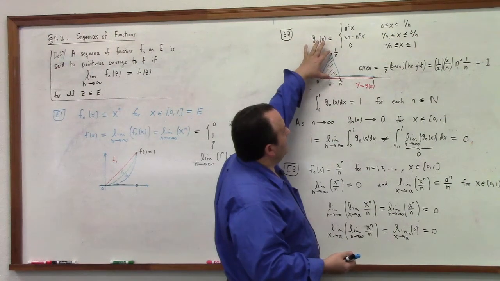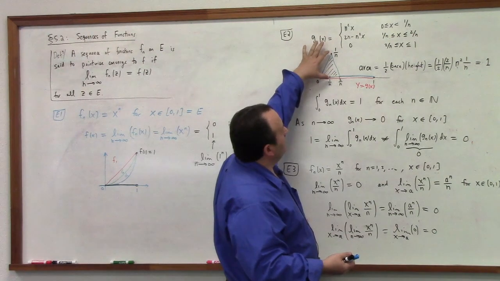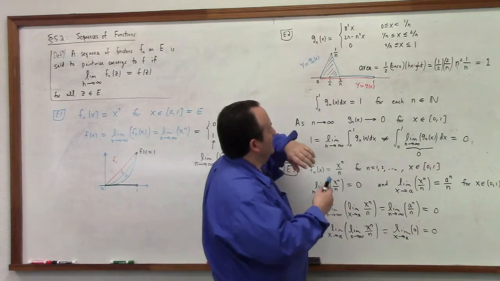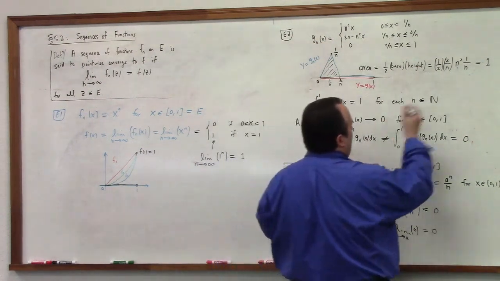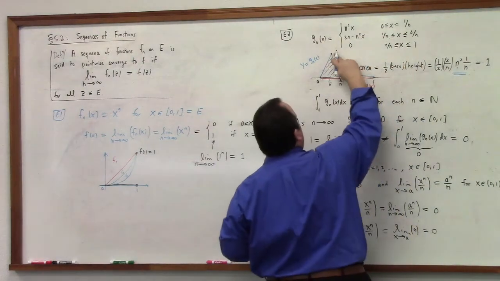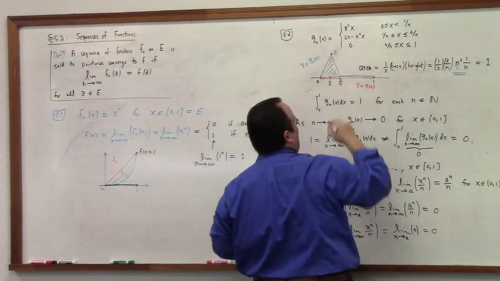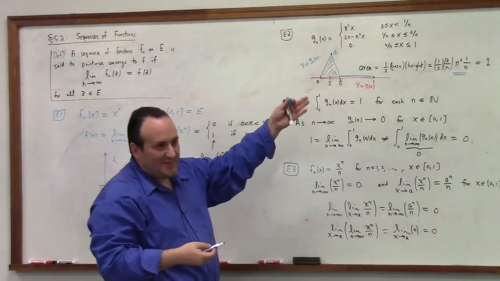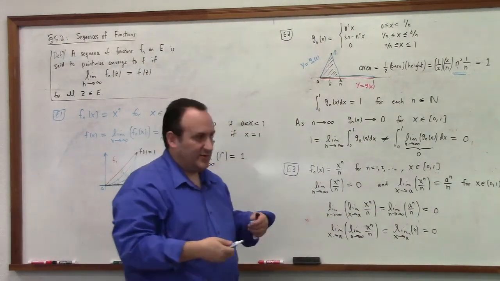0 to, looks like 1 over n, I think. Did I do that right? Oh, wait a minute. My bad. What was the height? That height is not 1 over n. This was the height, right? That's exactly n. So my bad. I did it right, but I just interpreted it wrong here.